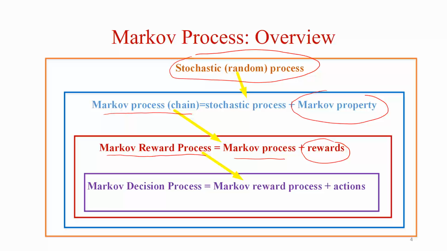And if you add actions to the Markov reward process, then it becomes a Markov decision process. So really, what is a Markov decision process? It is a random or stochastic process which satisfies the Markov property and has rewards and actions. Okay, so this is basically the Markov decision process.